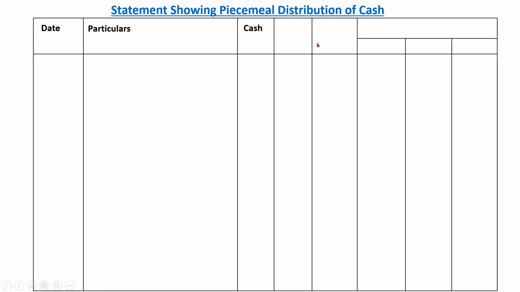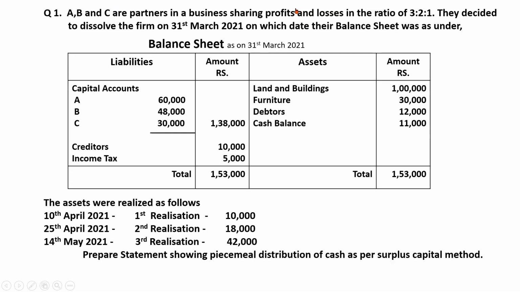Now, in this statement we have to decide about the remaining columns, and these remaining columns depend on the liabilities. In every question, liabilities are different for different firms. In this question, apart from the capital accounts, partners' capital is also a liability, so we have to pay the partners' capital, then creditors and income tax.